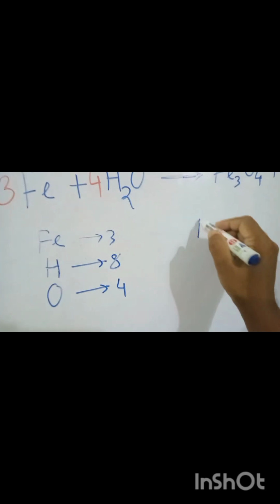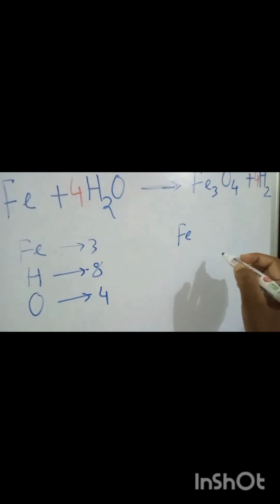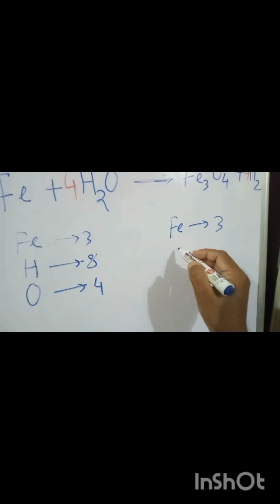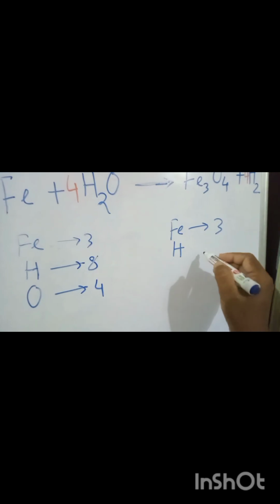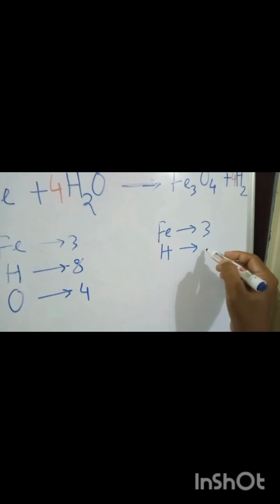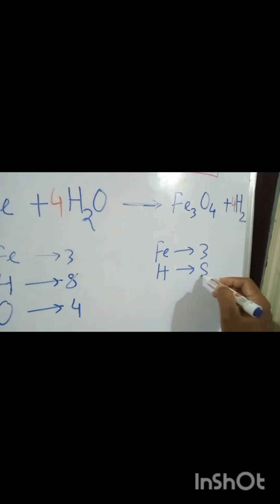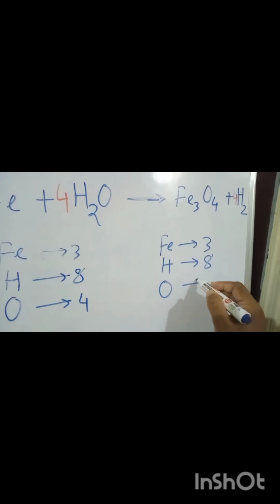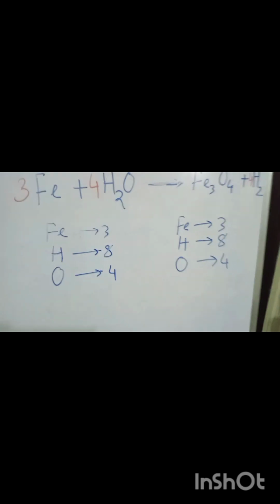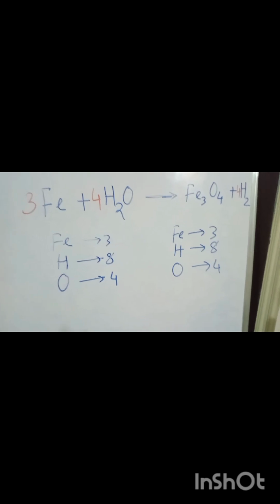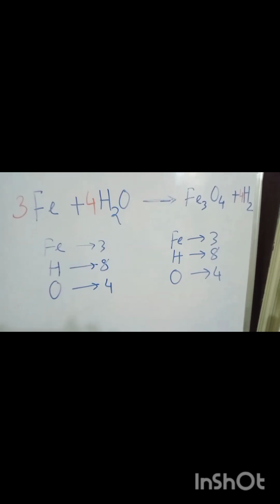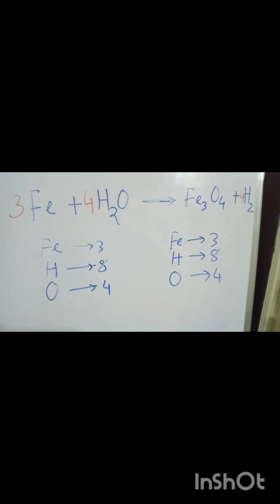On the product side also, see, iron 3 atoms, hydrogen 8 atoms, and oxygen 4 atoms. So in both the sides, as the number of atoms of each element are the same, now the equation is balanced.